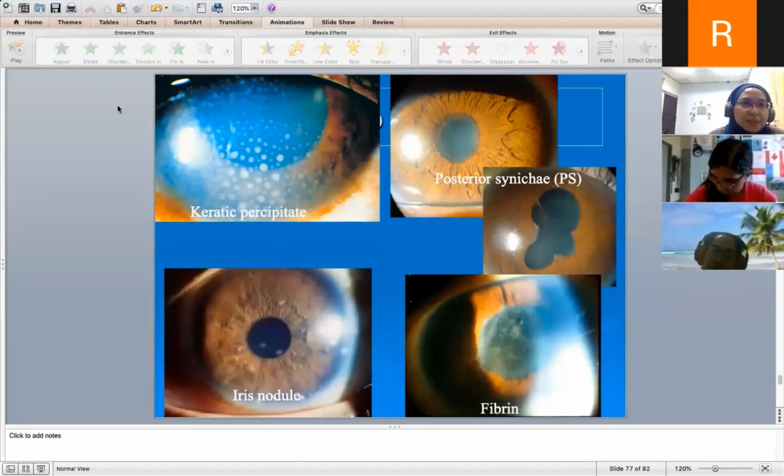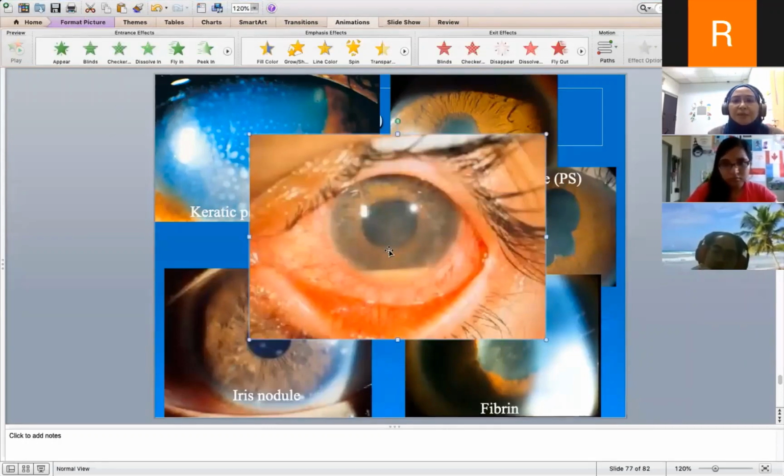Now let me paste back my picture, there you go. Another presentation is when the patient has what we call hypopyon. Hypopyon is a level of white cell sediment inferiorly, not on the cornea, not on the iris tissue, but at the angle inferiorly. All this is actually pus. So the moment you see this kind of situation, suspect the patient has anterior uveitis.